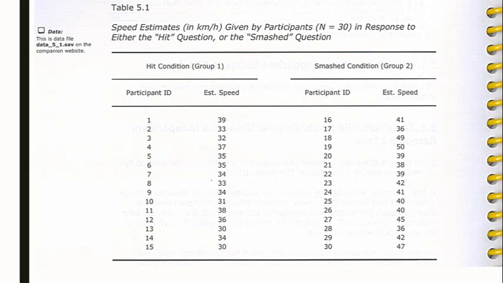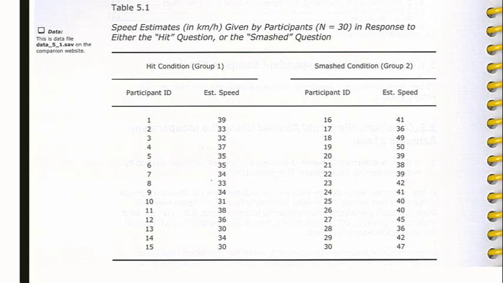So these students replicated this study by showing participants videos of a car accident, and then they were asked either about how fast were the cars going when they hit each other, or about how fast were the cars going when they smashed into each other. So we've got two groups with 15 participants each, as you can see in table 5.1. And the only difference was whether the question involved the word hit or the words smashed into.